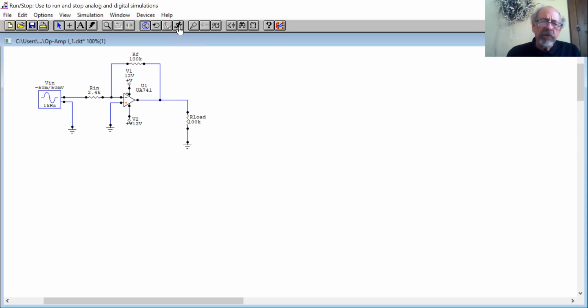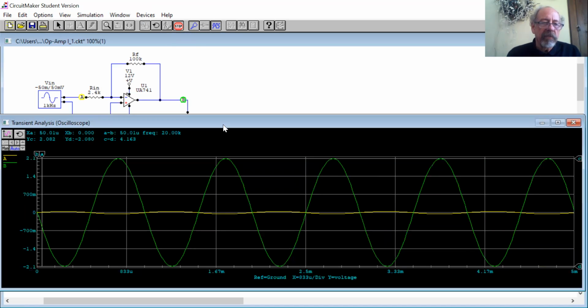The input offset voltage is always a problem with these things. If I was to use the op-amp as a very sensitive amplifier for a sensor, and the sensor only put out, say, a small DC voltage, I might have to worry about what the op-amp is going to do. Will the output from the op-amp be accurate?